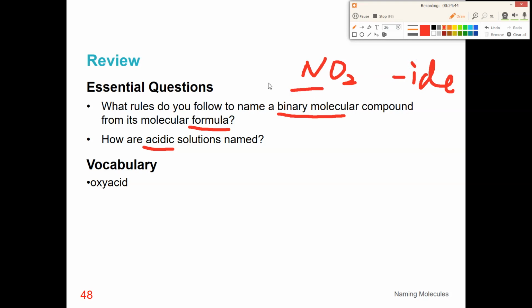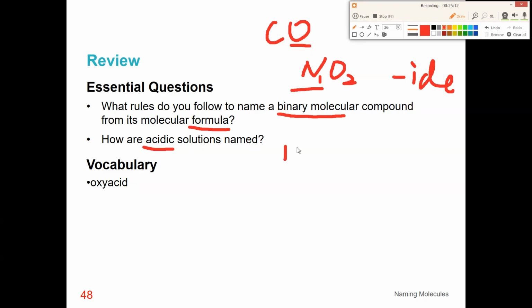For the first one, if there's only one, you don't need to identify the number. But for the second one, even if there is only one, you need to identify the number. An example is CO, carbon monoxide. For the second one, you always identify the number.